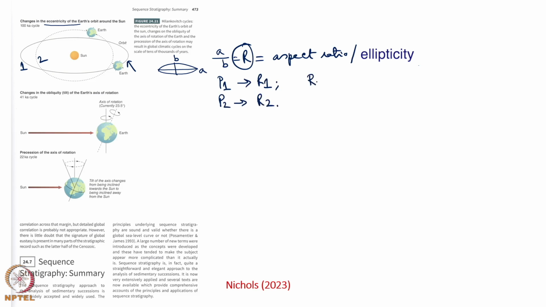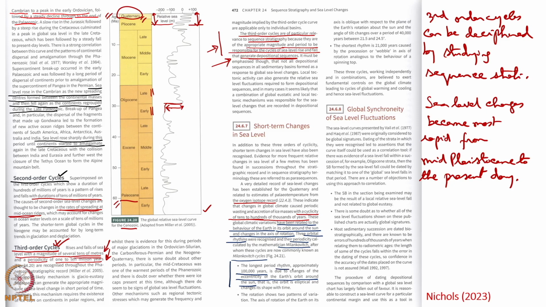Clearly in the diagram, R1 is more than R2. As the elliptical path becomes more circular, the aspect ratio decreases. Just to note, in case of a circular path, the aspect ratio is equal to 1. So, the change in this aspect ratio leads to a rhythm of approximately 10^5 years.